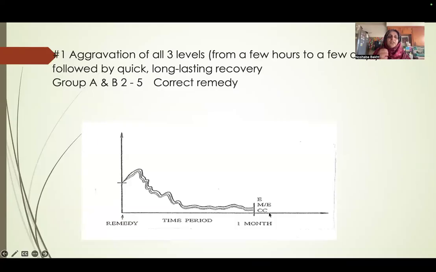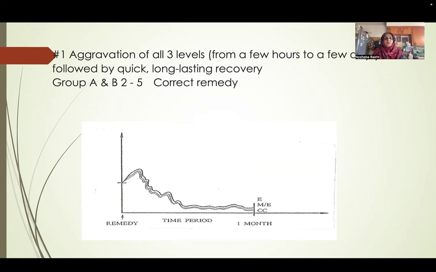In energy, the aggravation can be that the person feels very, very tired. They want to sleep; the body wants to rest. The person can have some mental or mood irritation, or an aggravation of the concomitant complaints. If they're coughing, they'll cough a little bit more. This will not last for long, and it would be followed by a recovery. This is the first reaction.